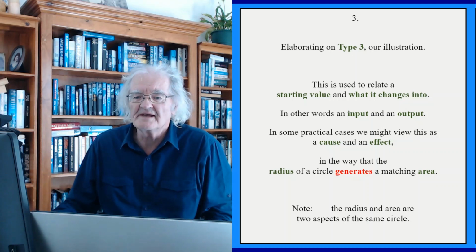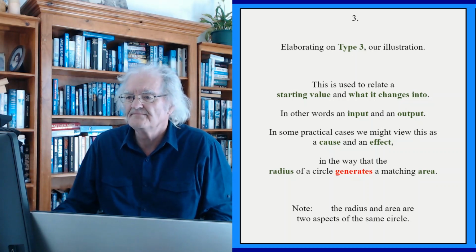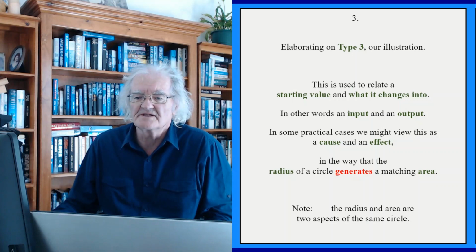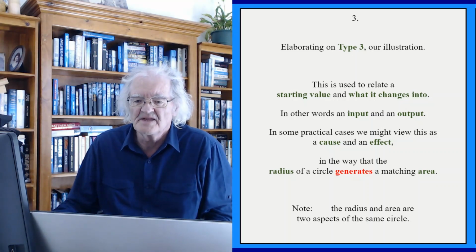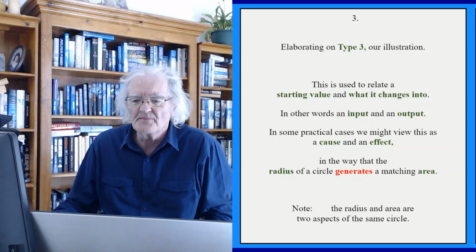Now elaborating on type 3, our illustration. This is used to relate a starting value and what it changes into. In other words, an input and an output.